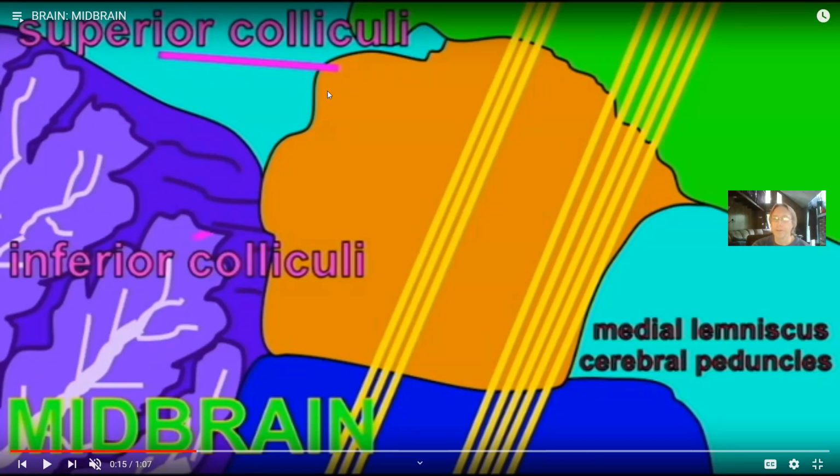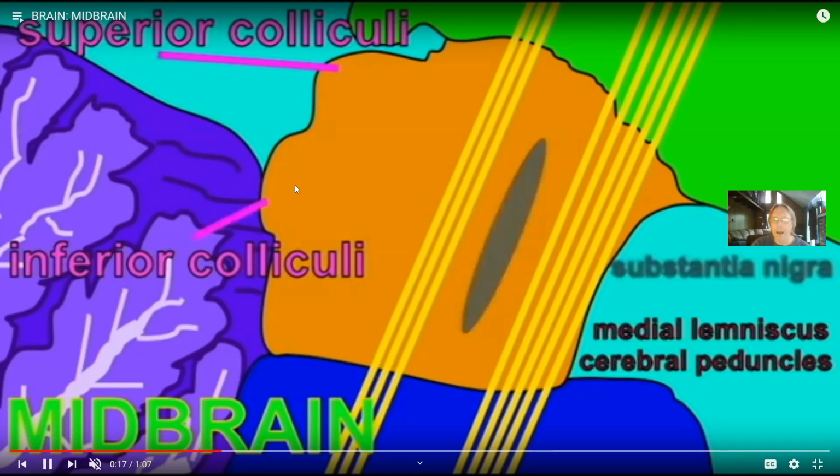On the dorsal surface of the midbrain, we can see these two prominent bumps. So this whole region we could call the tectum, or the corpora quadrigemina, because there's two pairs of bumps, so quadriform. Or we could refer to the first pair of bumps as the superior colliculi, where vision is processed, or the inferior colliculi, beneath that, where hearing is processed.